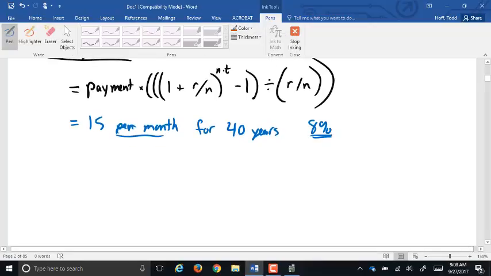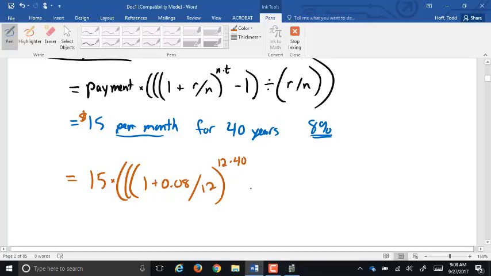So what we're going to do here, the amount that you're going to have, you've got your $15 times parentheses, 1 plus your rate of 8%, which is 0.08, divided by 12, because it's 12 months in a year, to the power of 12 times 40 for 40 years, minus 1, divided by, R is going to be 0.08 divided by 12, and close your parentheses twice.